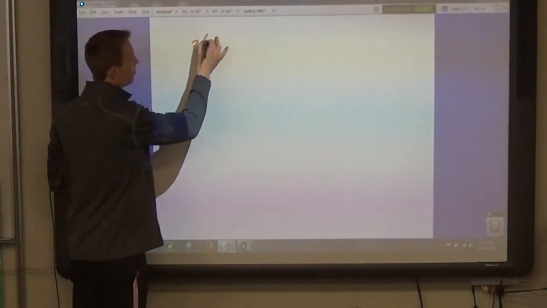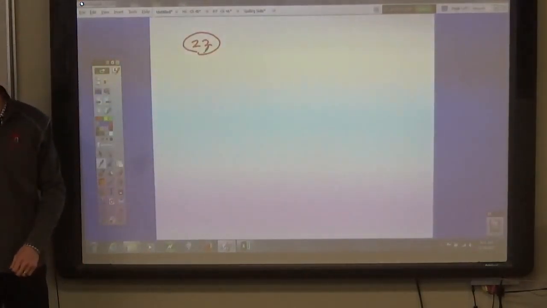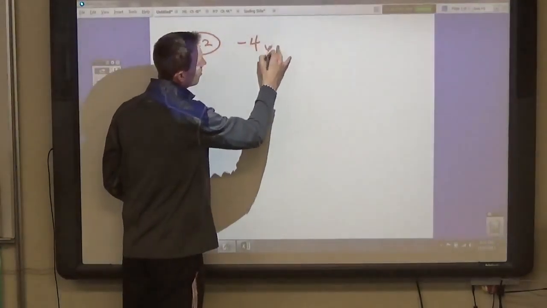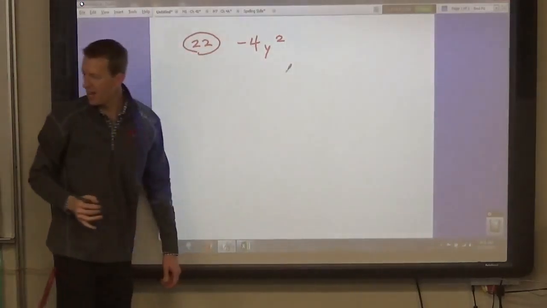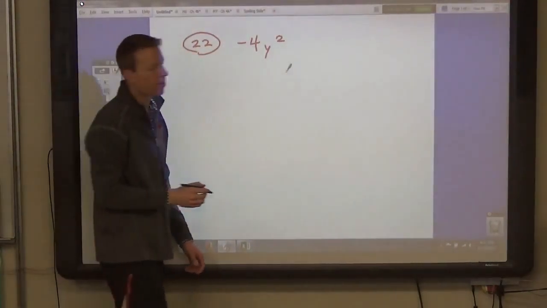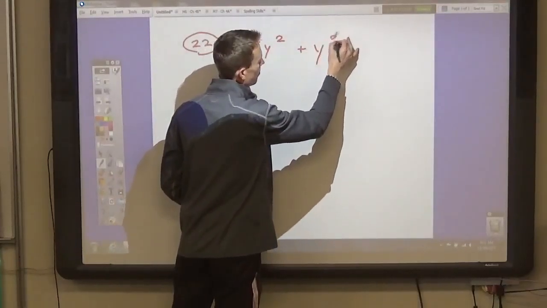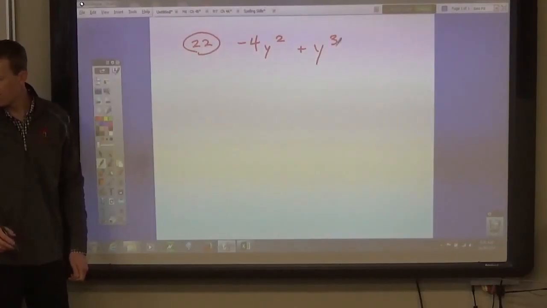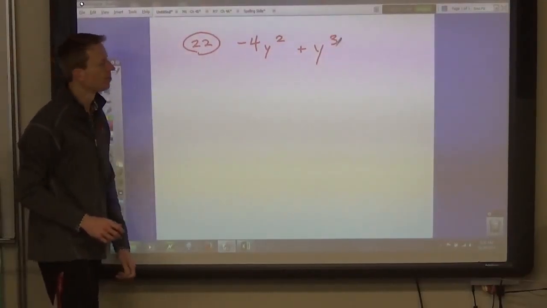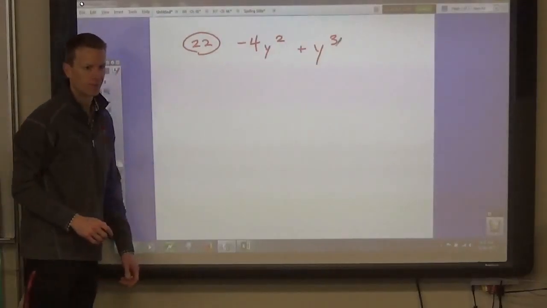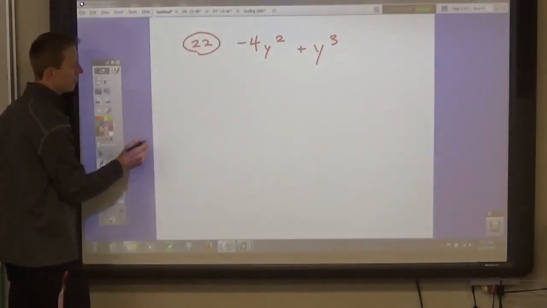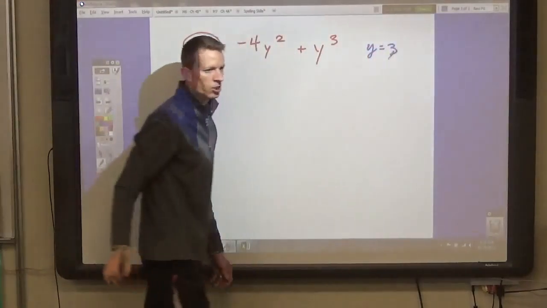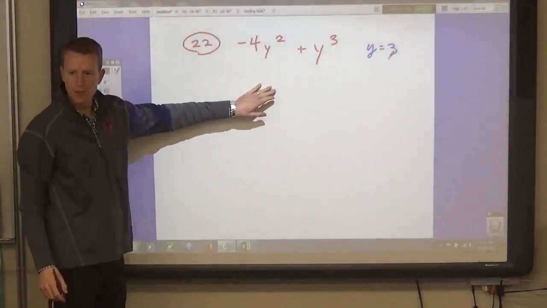Number 22. Negative 4y squared and plus y to the 3rd power. And y is 3. So, you have to substitute the number in.